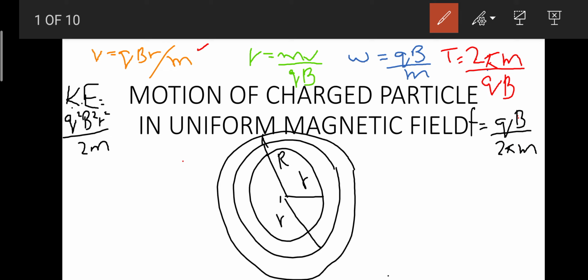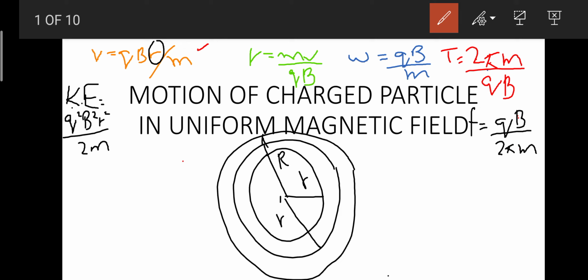It happens because in these formulas there is no involvement of the radius, but velocity depends upon the radius. So velocity will change if the radius changes.